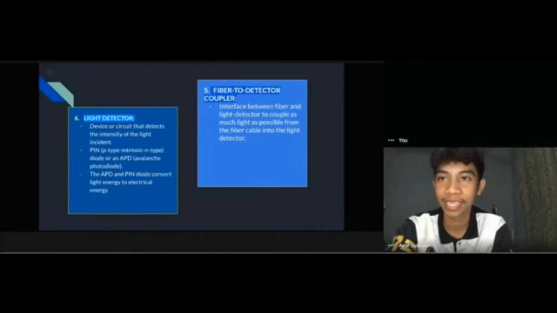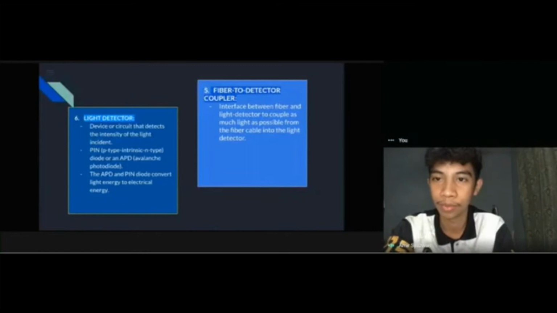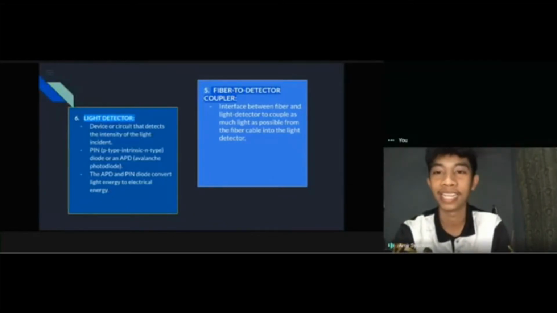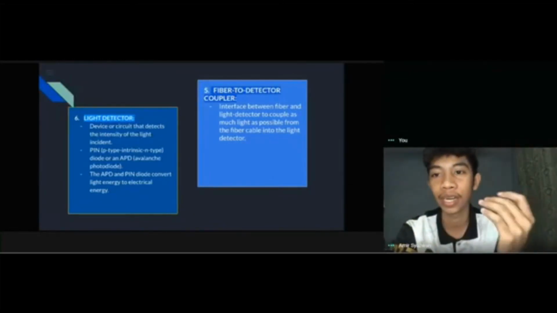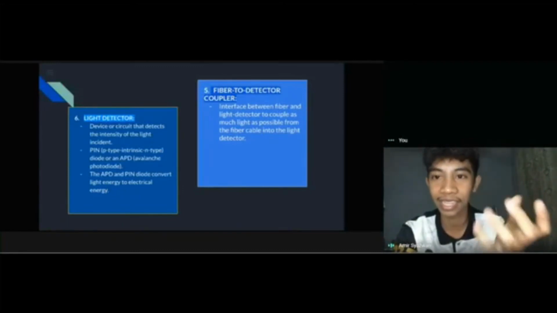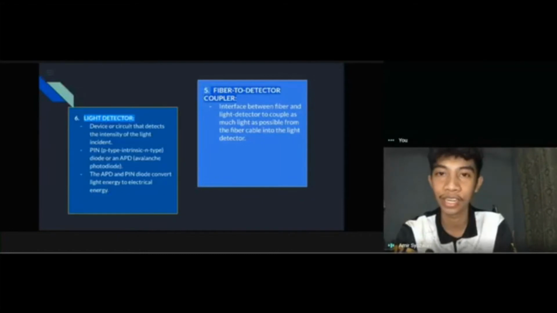So next, fiber to detector coupler. This is an interface between the fiber and the light detector to couple as much light as possible from the fiber cable into the light detector. The last one is the light detector, which is a device or circuit that detects the intensity of the light incident on it.